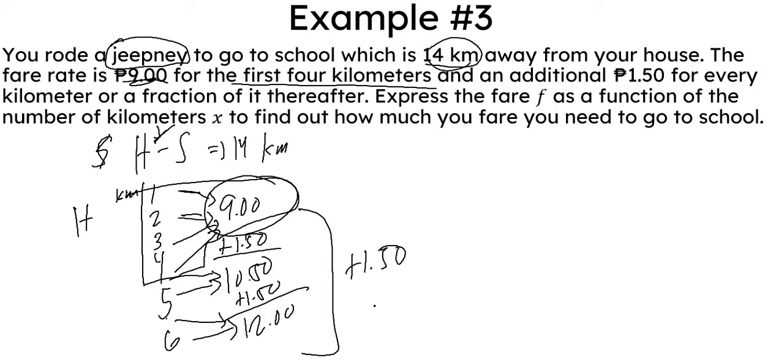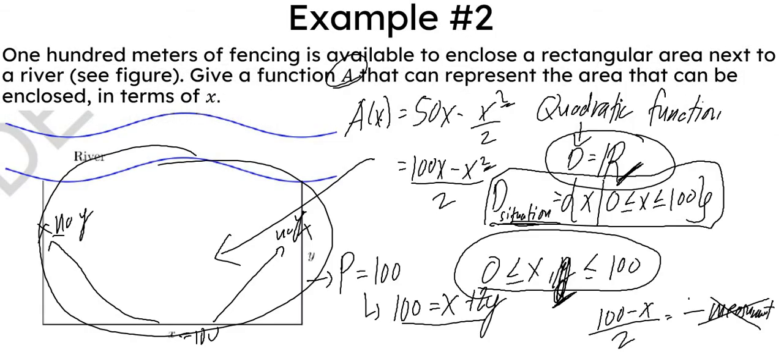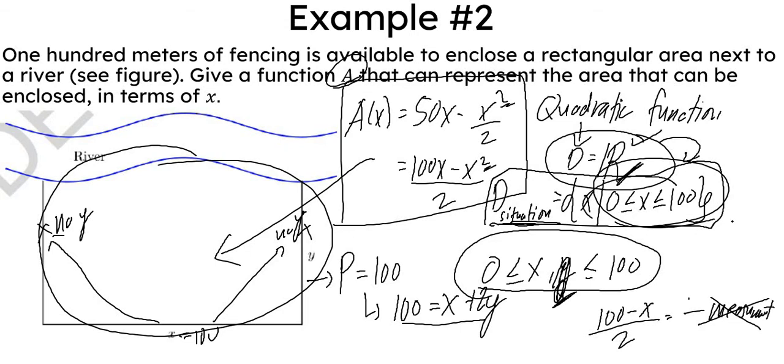Well, we can, but not just one formula. Because in the first part of our domain, the plus 1 peso 50 cents does not exist, so we cannot place that in that part of the situation. However, in our previous situation, this works for any value of x. Even though we restricted the values of x from the original domain, the formula still works for all of it.